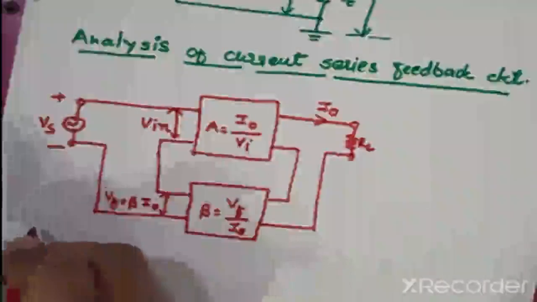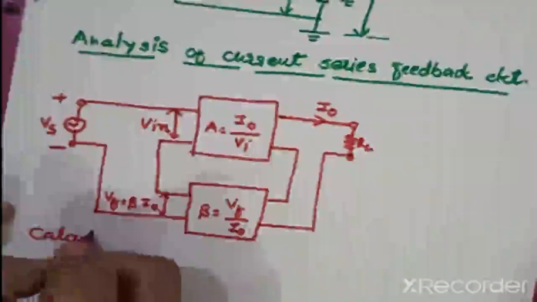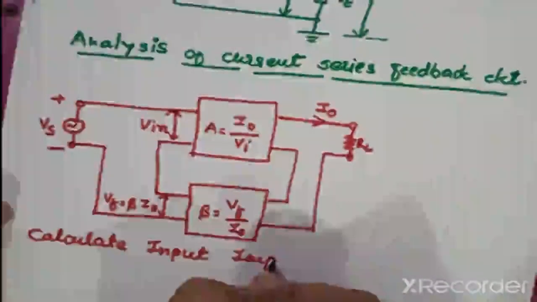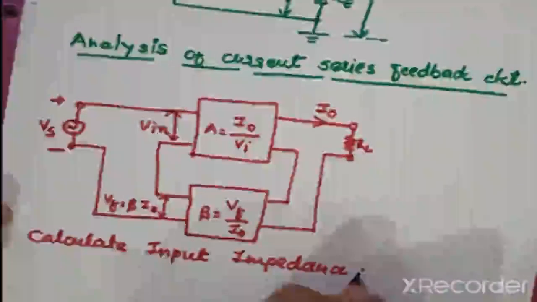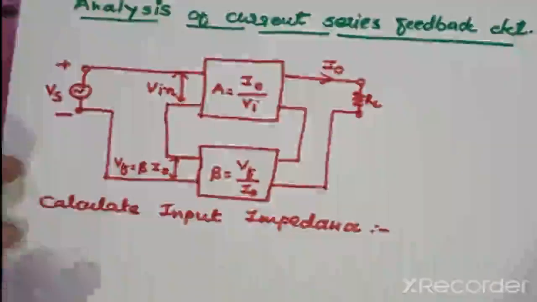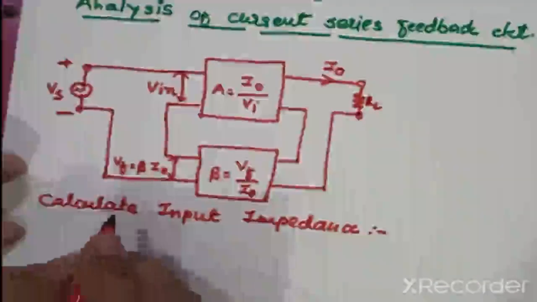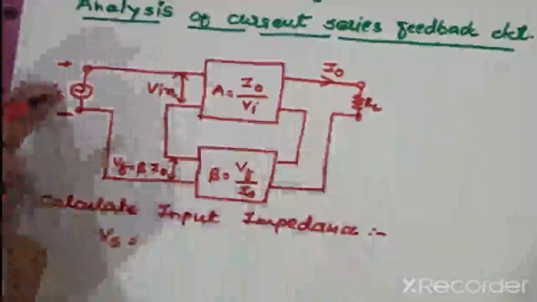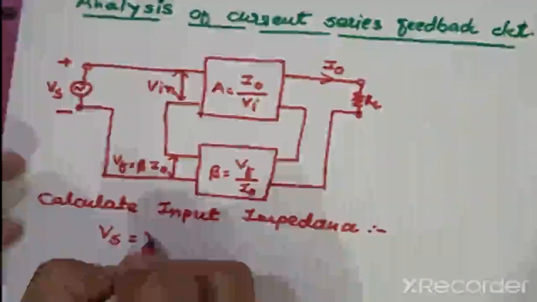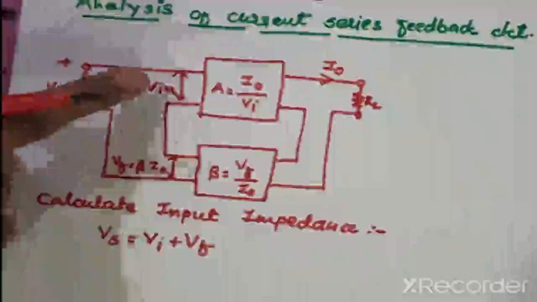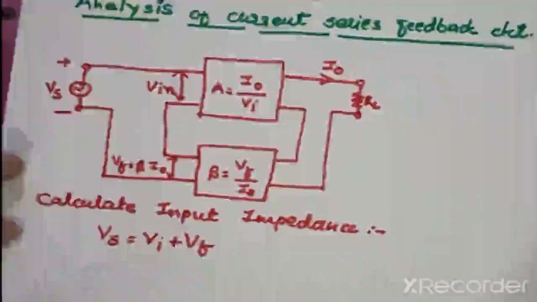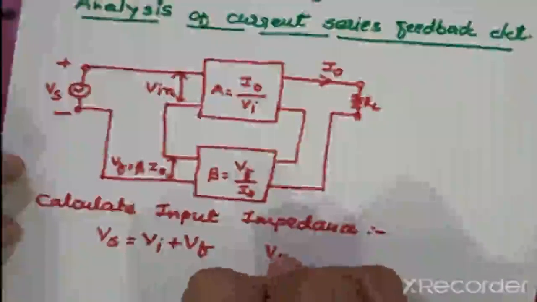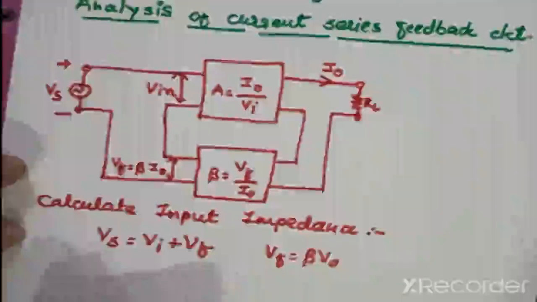Now let's calculate the input impedance. From this block diagram we have the supply voltage Vs equal to Vi plus Vf, the input voltage and the feedback voltage. As we know, Vf is equal to beta Vo.